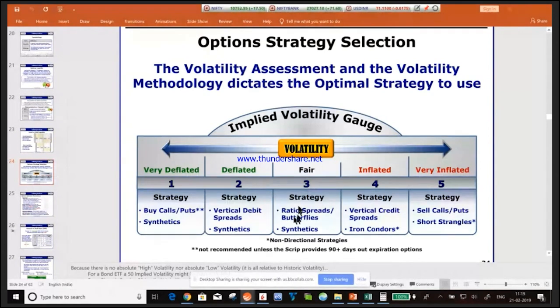Excel also doesn't have ratio spreads and butterflies. When I will explain it to you, right? Or do you want me to explain it to you now, leaving everything?